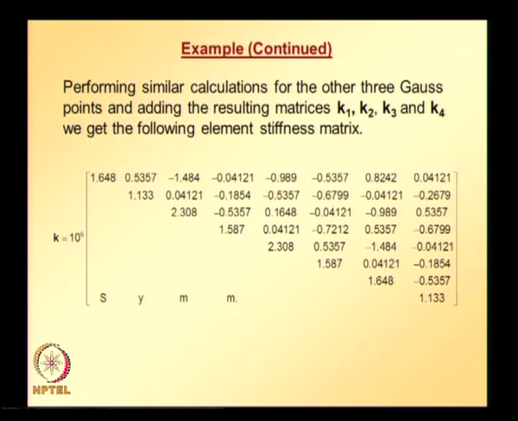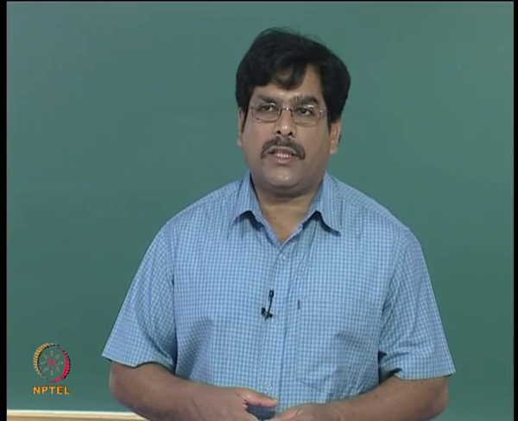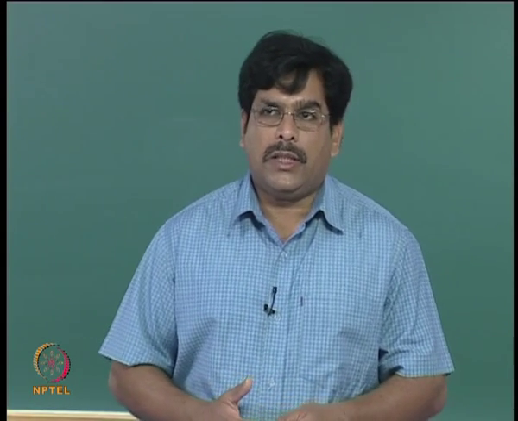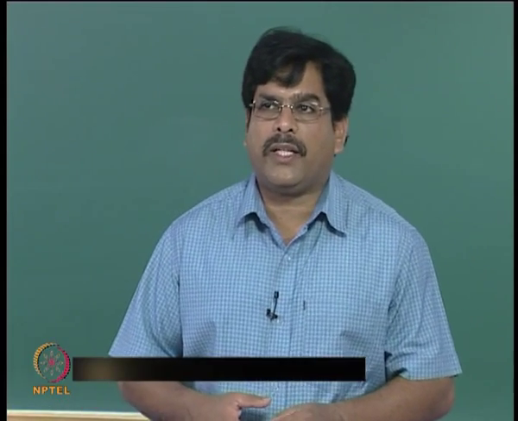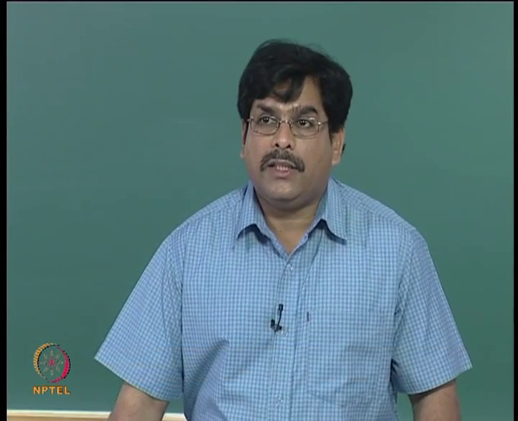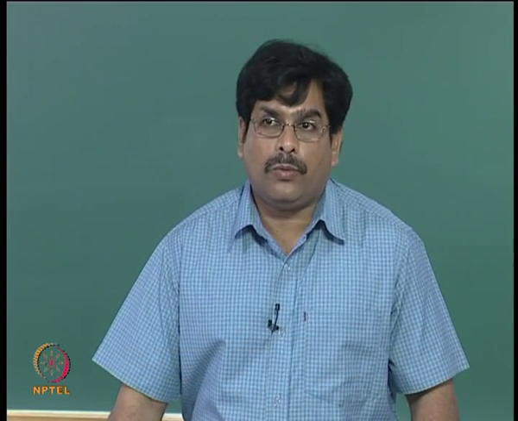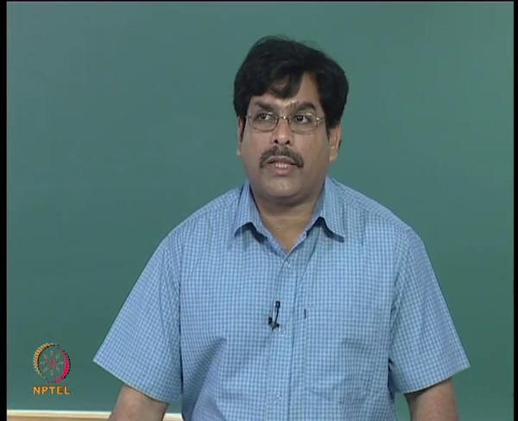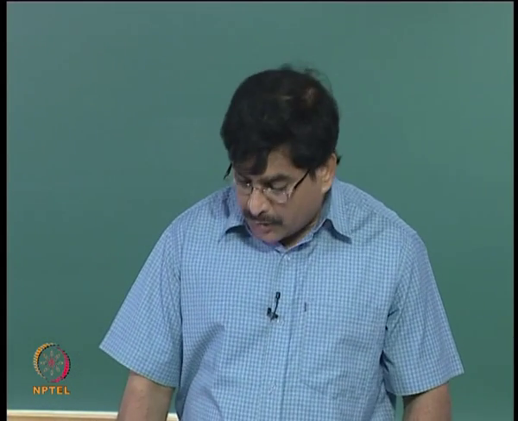So, all degrees of freedom corresponding to these nodes are going to be 0. In the final global equation system we are going to eliminate the rows and columns corresponding to degrees of freedom which are 0. So, we can directly write the reduced equation system, which consists of the degrees of freedom corresponding to nodes 2 and 3, which are u2, v2, u3, v3, because the degrees of freedom corresponding to nodes 1 and 4 are going to be 0.